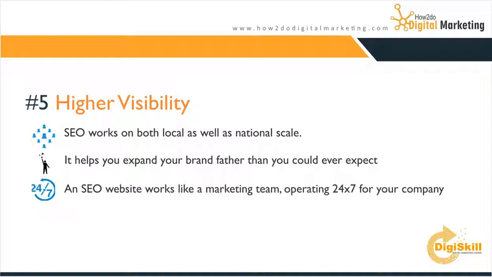In case you're running a restaurant in, let's say, Connaught Place in Delhi, you're essentially interested in that geographic area, because every local business operates on a geographic area or a neighborhood, and therefore you can use search engine optimization to localize your search results so that only people in that particular area, when they type a particular query, get to see your website or your restaurant.